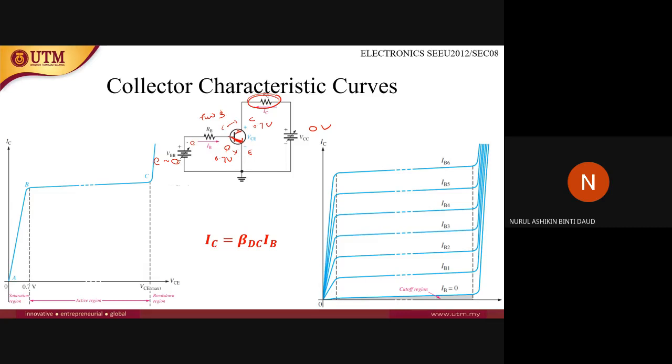So you can see when we plot the collector current against the voltage between the collector and the emitter, at a certain point before it reaches 0.7, which is the knee voltage for the transistor, the graph looks straight.